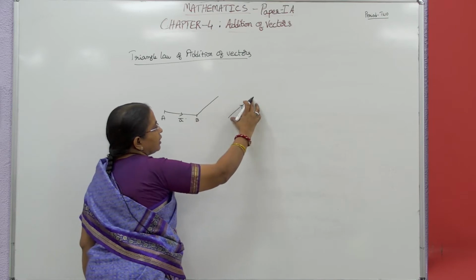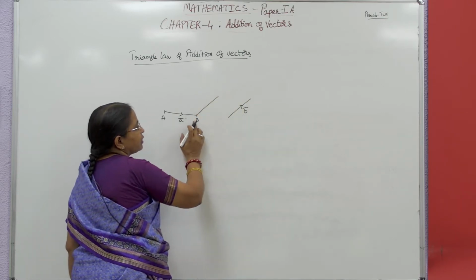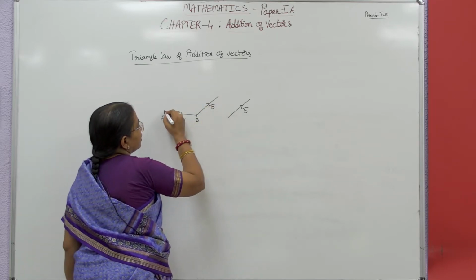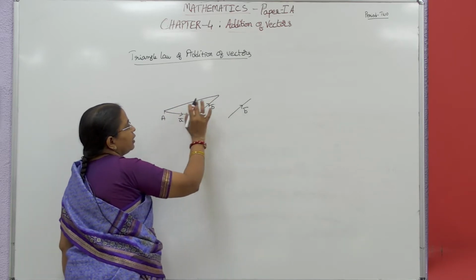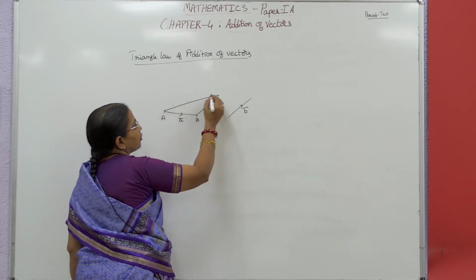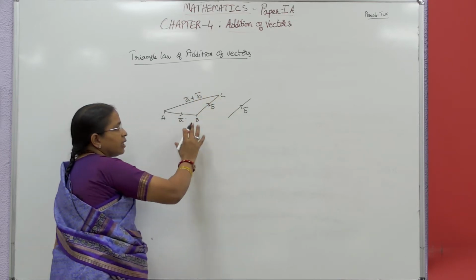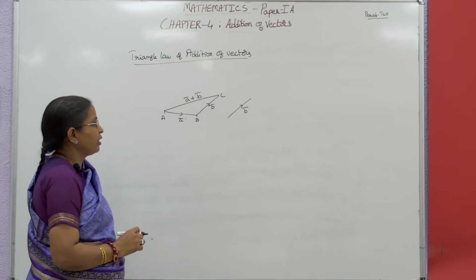So draw a vector equal to the second one with its initial point coinciding with the terminal point of the first vector. Then join the initial point of the first vector and the terminal point of the second vector. That becomes the addition of vectors A plus B. Like this we define the triangle law of addition of vectors.